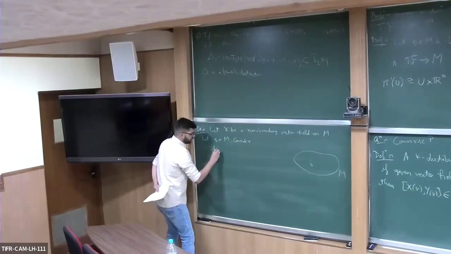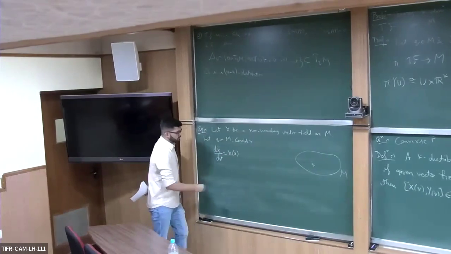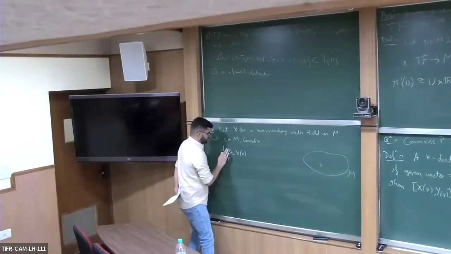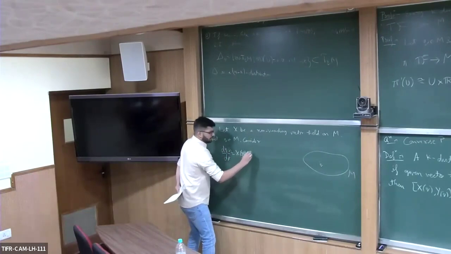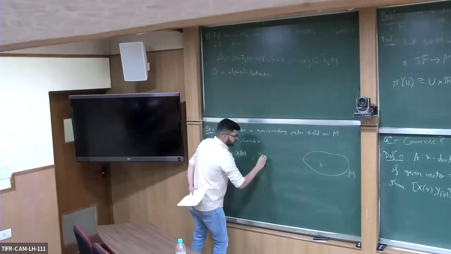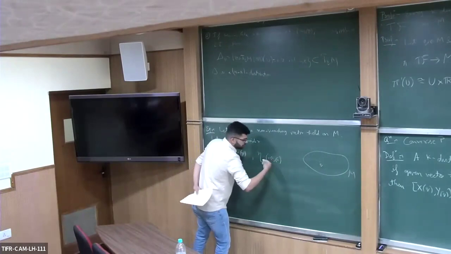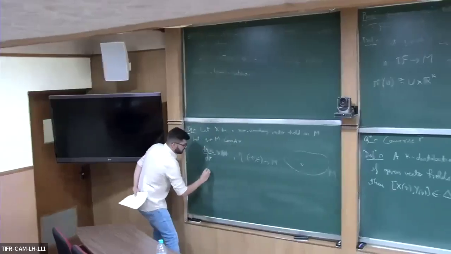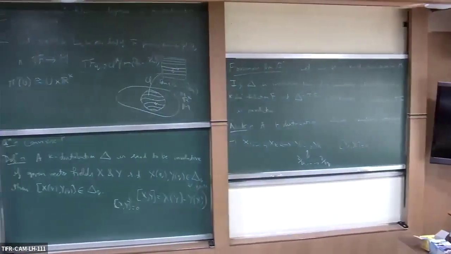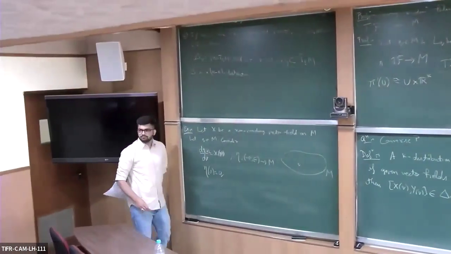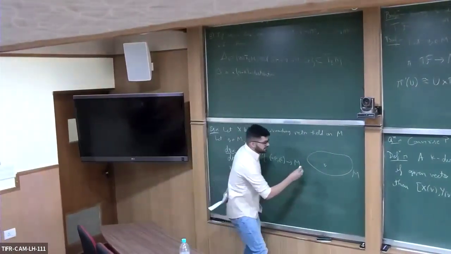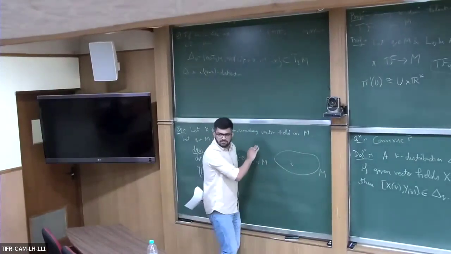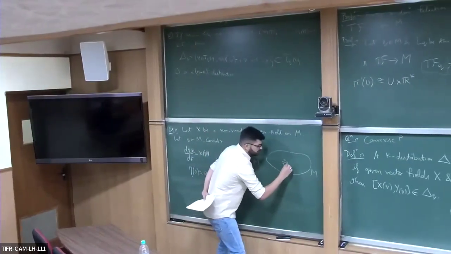We consider this ODE. Consider this differential equation dβ/dt equals X(β(t)), where β is a map, let's say, from some neighborhood of 0 to M, with initial condition that β of 0 is the point Q. So what it says is, we are given a vector field, so at each point I have a unique vector.